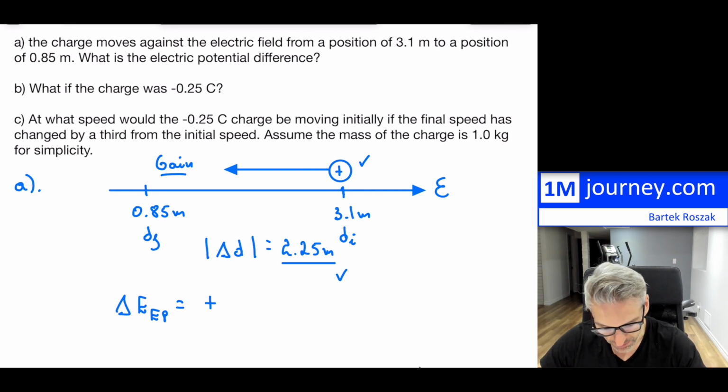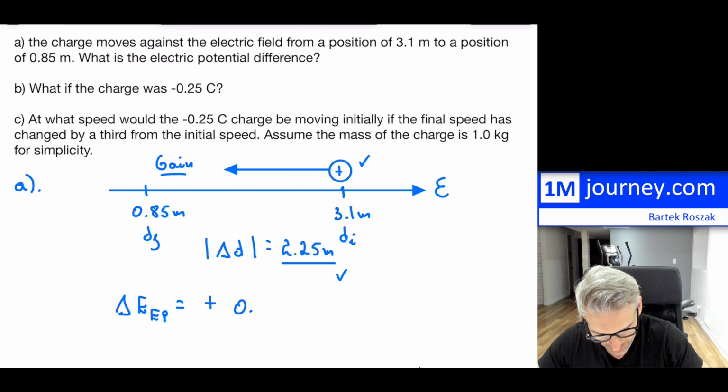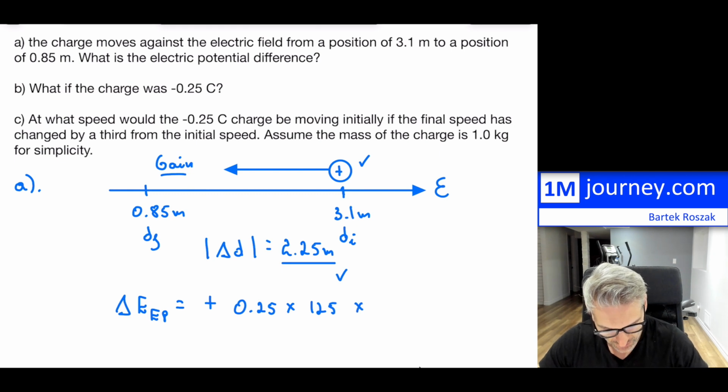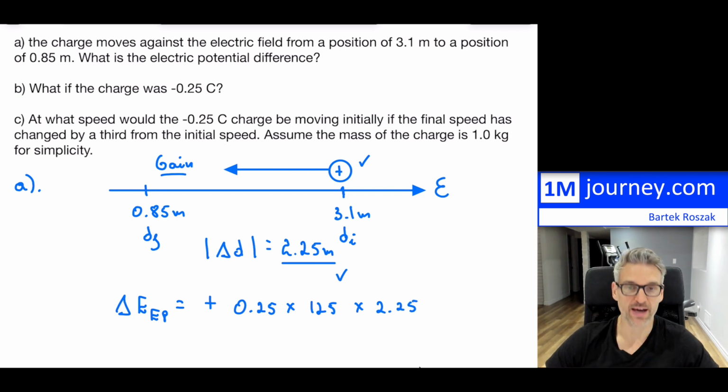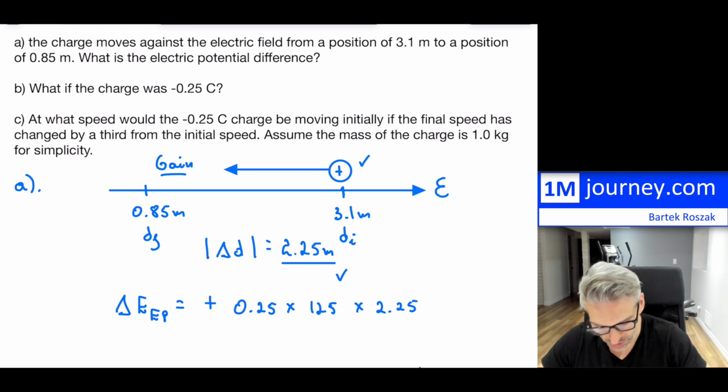All I need are the values: 0.25, my charge; I'm going to make them all positive; 125, my electric field strength; and my displacement, which is 2.25. If I multiply all of these, I get the result.